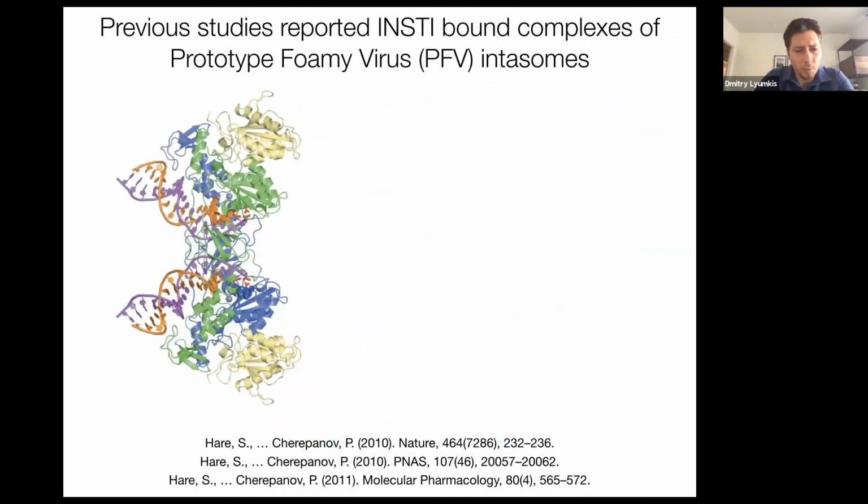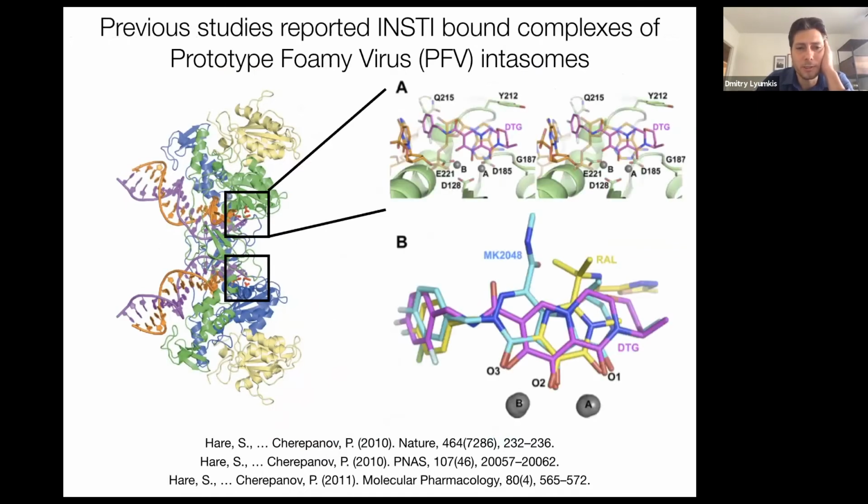Now, I do want to make a point that at a high level, these general binding modes have actually been known, because we've had structures of prototype foamy-virus intasomes for about 10 years now. PFV is a simpler retrovirus, and this is a distinct type of intasome.